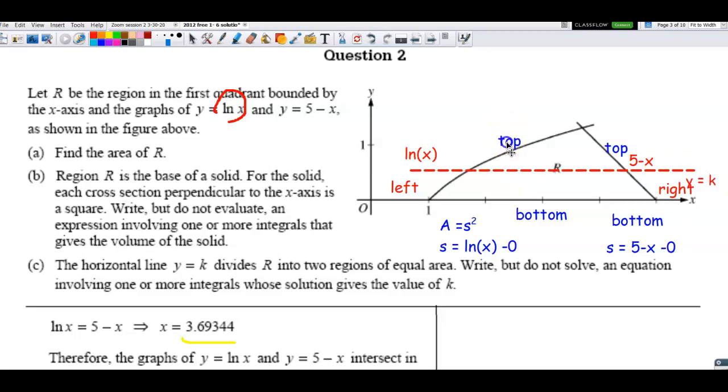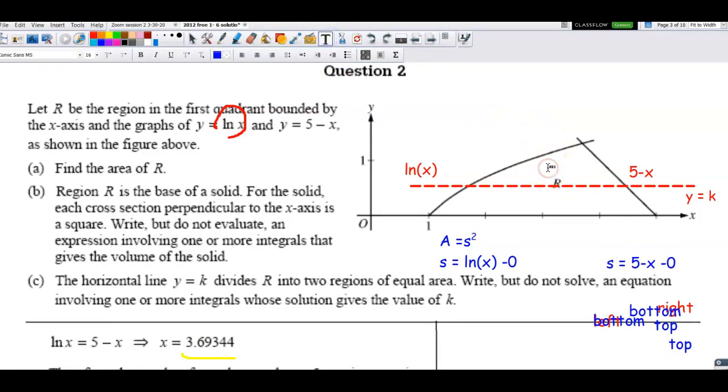Let me get rid of some of this other stuff. Well, I might need those words, so I'll leave that. Just trying to clean up a little bit here. Okay. So this is the line y equal to k, and I have two regions of equal area. So I'm going to call this region number 1.